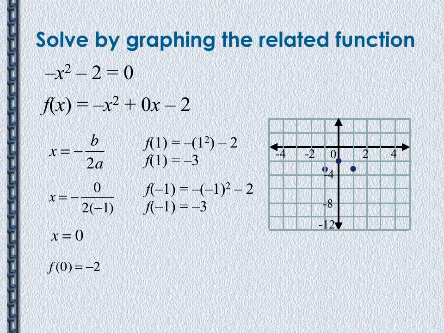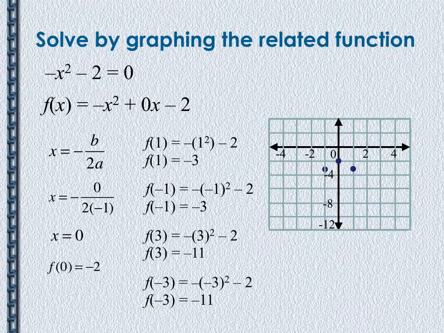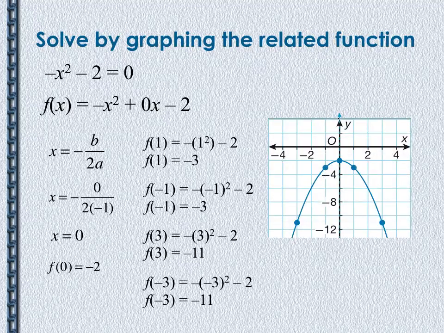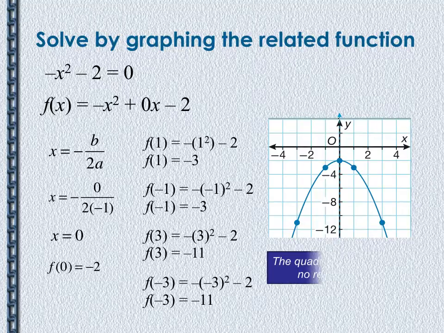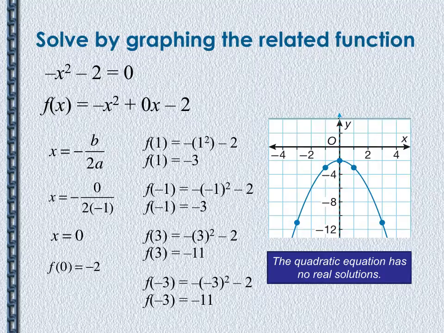And now let's find f of 3 and f of negative 3. We'll plot those 2 points and we'll connect our points with a curve. We'll notice this graph does not cross the x-axis at all, therefore the quadratic equation has no real solutions. There's no real number solution for x which would make that equation true.